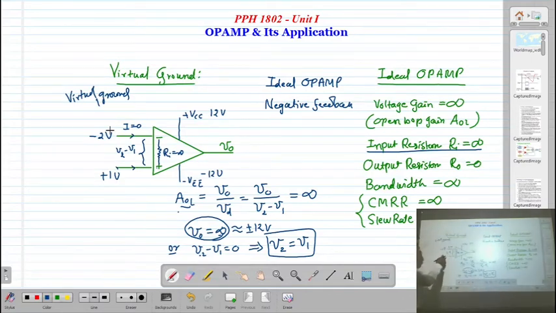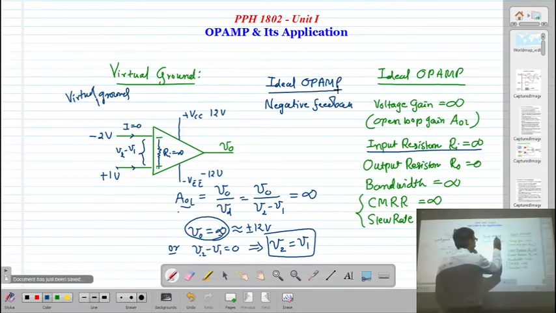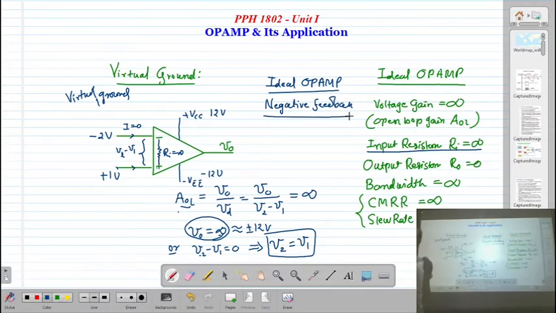I am applying plus 1 here, minus 2 here. So there is no question of a virtual ground. In that case you cannot apply the virtual ground concept. So the virtual ground concept is applicable to an ideal op-amp and when there is negative feedback. Correct?